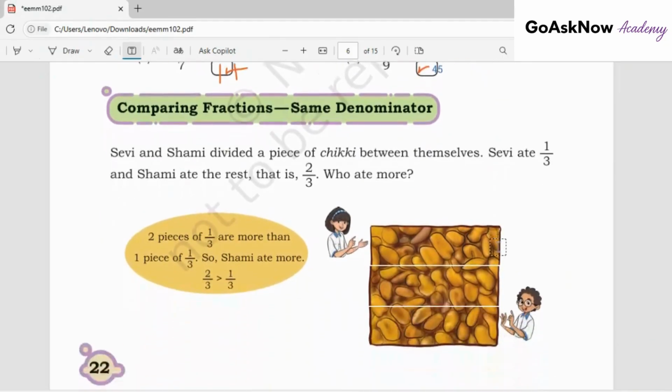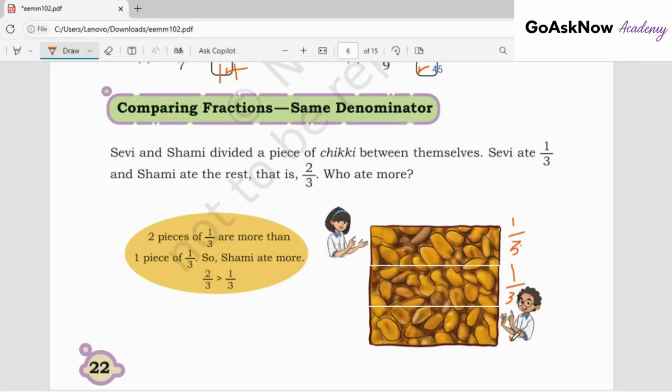Next, comparing the fractions, same denominator. Okay. Say Sivi and Shami divided a piece of chikki between themselves. Sivi ate 1 by 3 and Shami ate the rest, that is 2 by 3. Who ate more? Let us check. This is 1 by 3. This is 1 by 3.